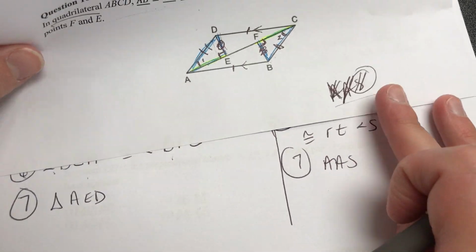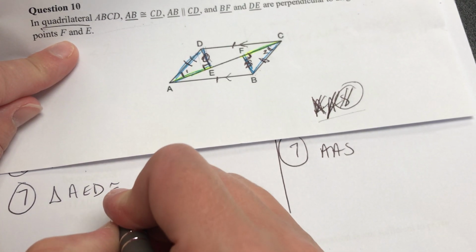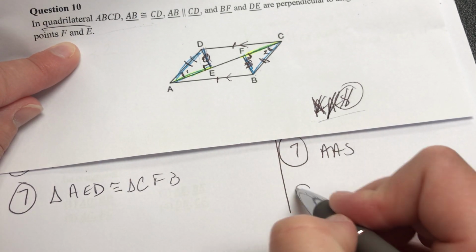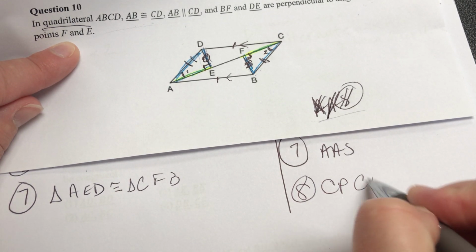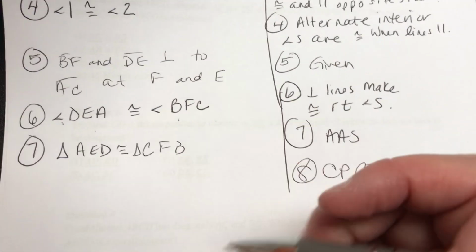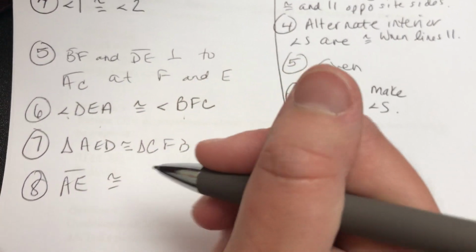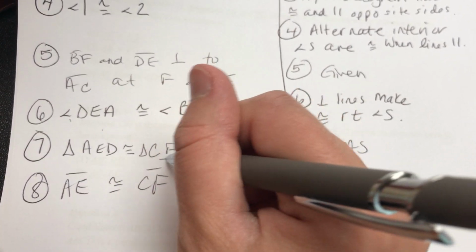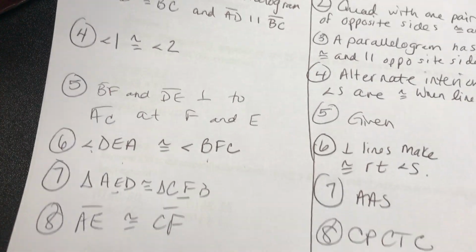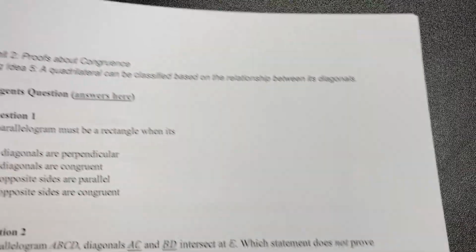Just trying to keep the picture in it at the same time. It's kind of challenging. Triangle AED is congruent to triangle CFB. And CPCTC is going to follow. And that is what I'm trying to prove, which is AE is congruent to CF, which again, they're corresponding. There they are. So there is that proof. Again, there are definitely other ways to do that, but that is the thought process I had going.